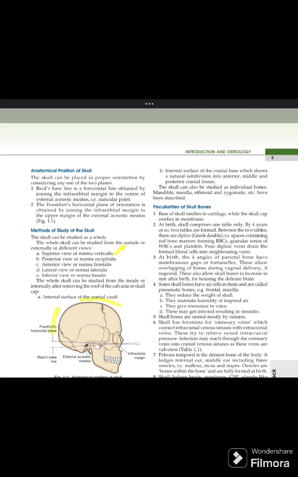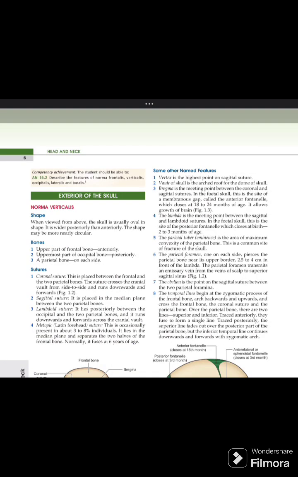The anterior view we call Norma frontalis. Then there are the two lateral views, Norma lateralis, and the basal view, which is the most important, Norma basalis. We'll discuss each of the views one by one and see the structures, the features, and the muscle attachments.